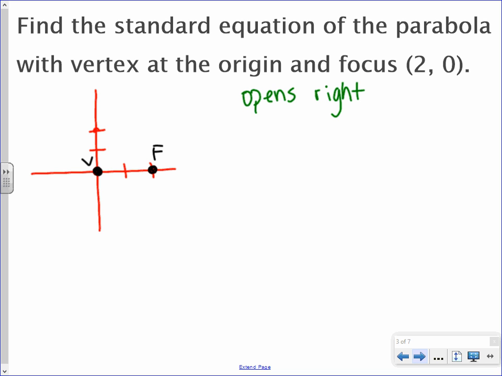Since it opens right, we know we need the horizontal equation. Y minus k squared equals 4p times x minus h. Okay, if we can fill in h, k, and p, we are good to go with our equation.